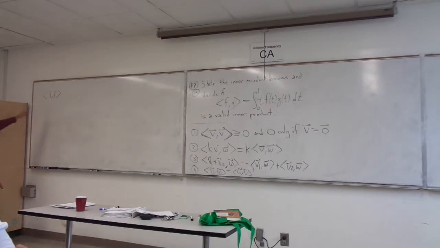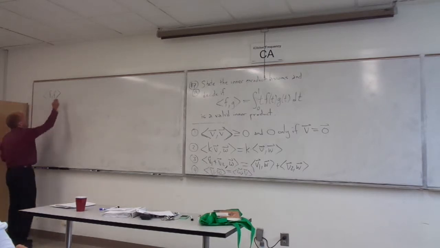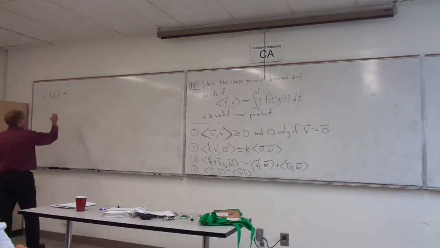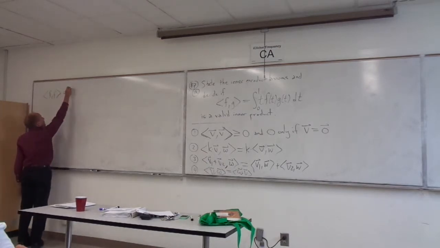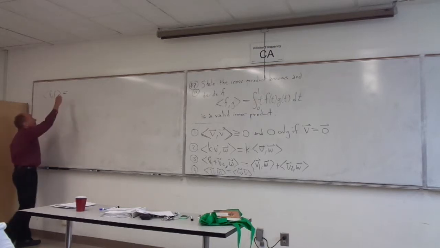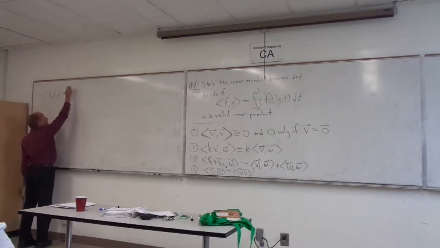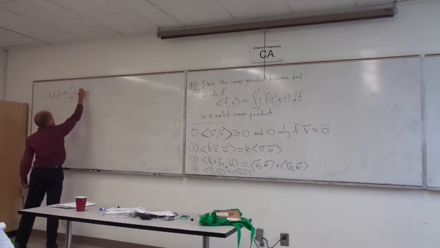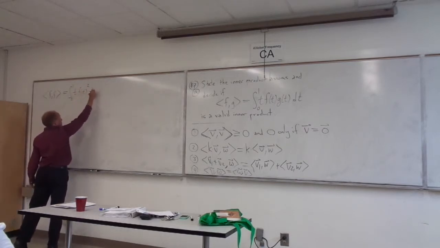So let's check this here. The inner product of f with itself, just using the formula up there, is going to be what? Anybody? What's the inner product of f with itself? Integral from 0 to 1 of t, not t squared, just t, times f of t times f of t, which is just f of t squared.